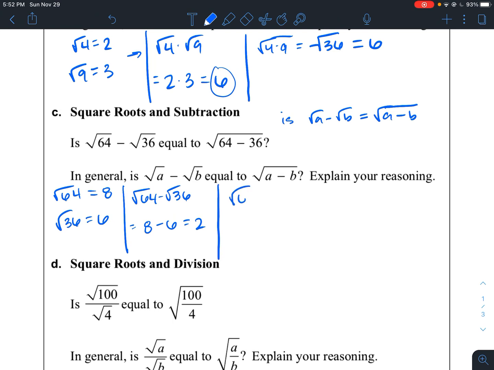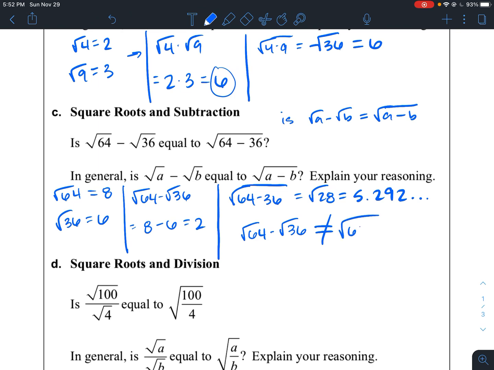So let's do the square root of 64 minus 36. What is 64 minus 36? That's equal to 28. And what's the square root of 28? That's equal to 5.292. So obviously the square root of 64 minus the square root of 36 does not equal the square root of 64 minus 36.